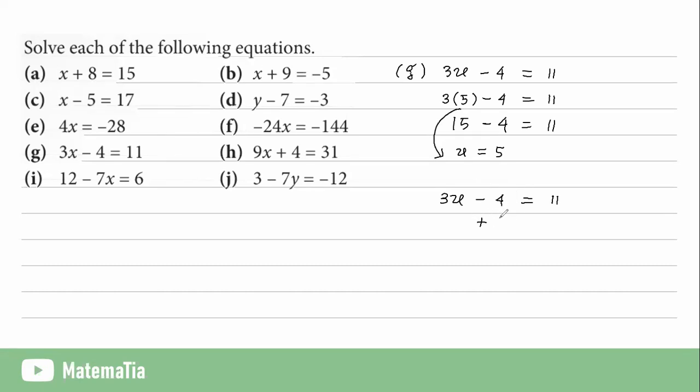So if we add 4, we have to do the same on the right-hand side. So we add 4 here. So we know that negative 4 plus 4 is equal to 0, right? So it's okay if we don't write the 0 here. So we only need to rewrite 3x. So it's equal to 11 plus 4. So it's 15.